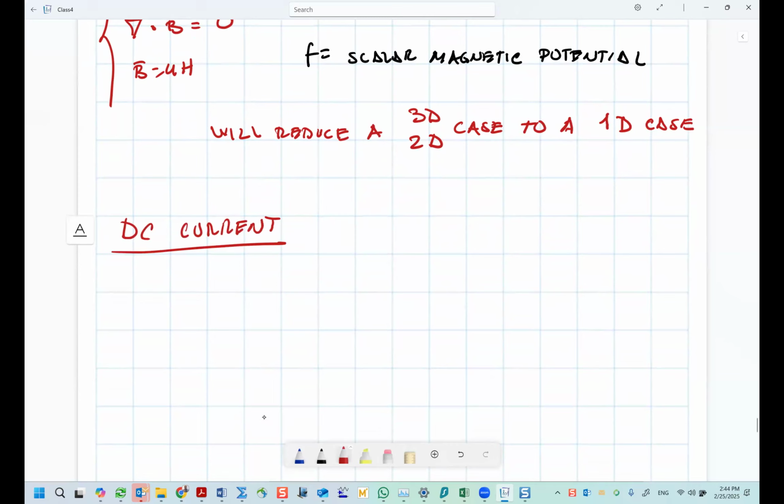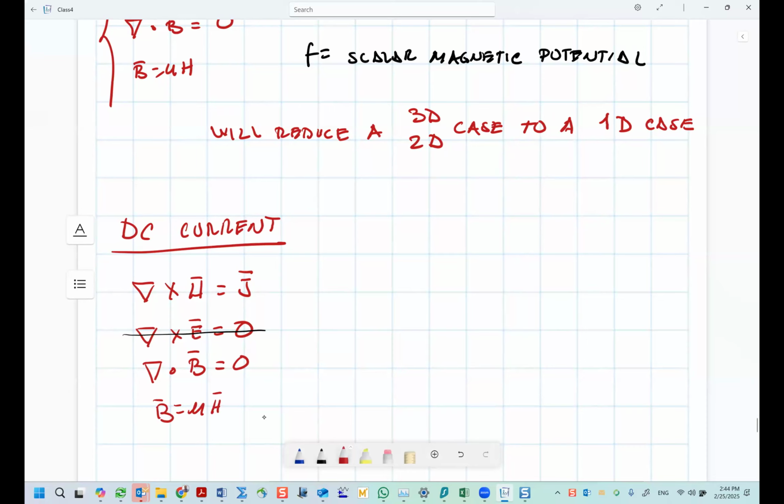DC current will give you the curl of H equals to J, the curl of E equals to 0, the divergence of B equals to 0, and I'm not even going to need this one, but I put it there because, well, it's there. And I am going to have B equal to mu H.